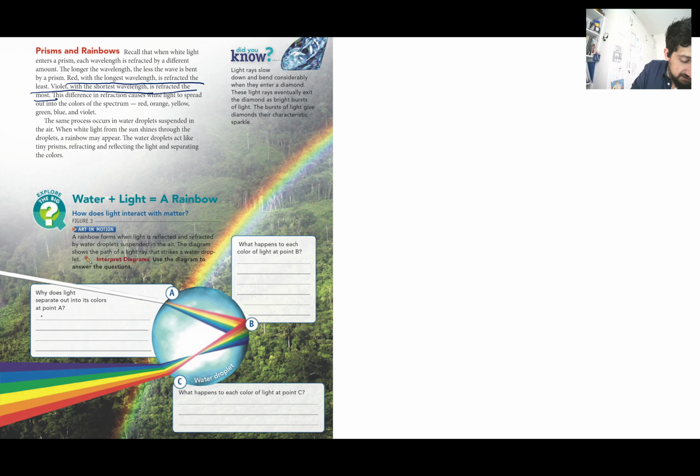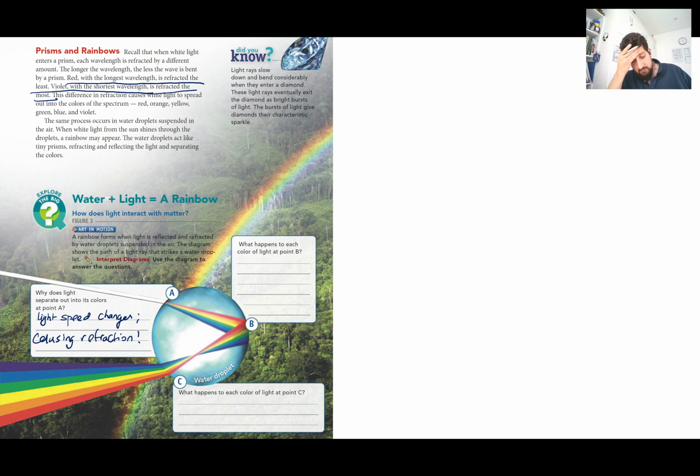So what happens is light speed changes, causing refraction. Okay, so it's basically refraction, and different colors refract by different amounts.